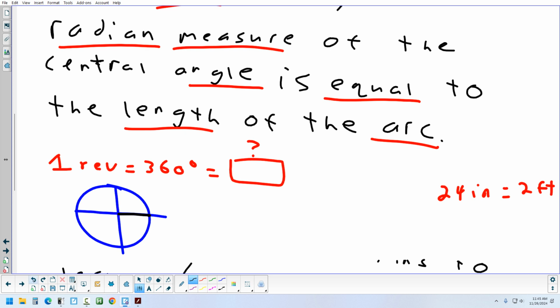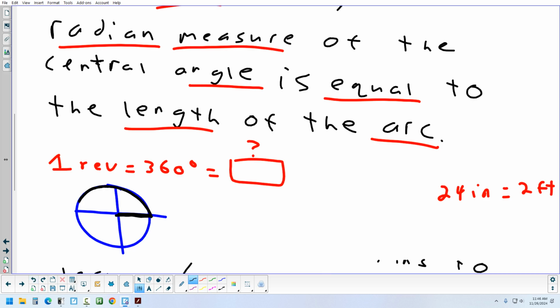So now let's put my terminal side here. How big is that angle? 270. And how much of the circle does that arc take up? 3/4. So now, let's go all the way with it. We put our initial side here, put the terminal side here.